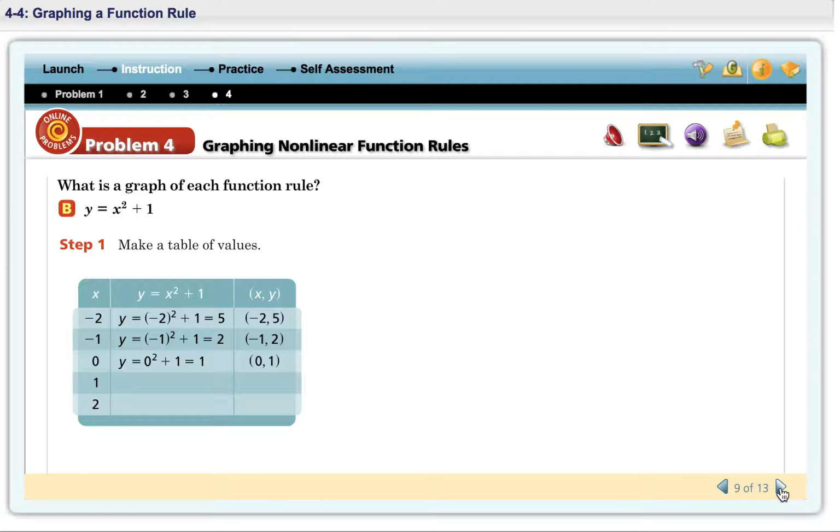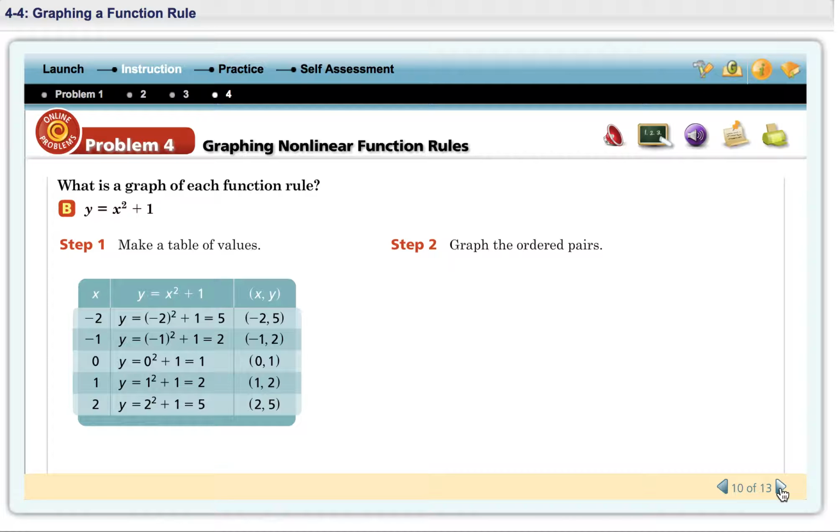When x is 0, y equals 1. When x is 1, y equals 2. And when x is 2, y equals 5.